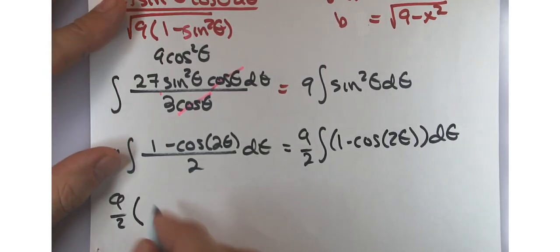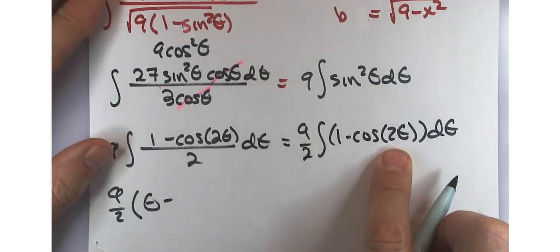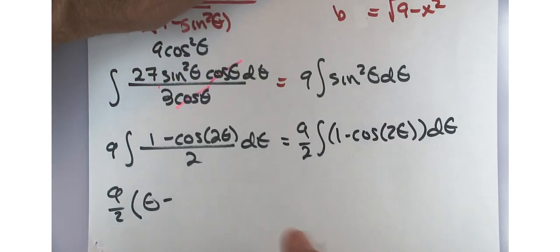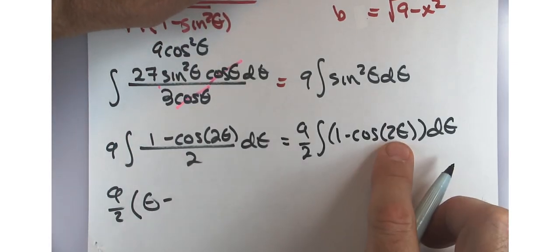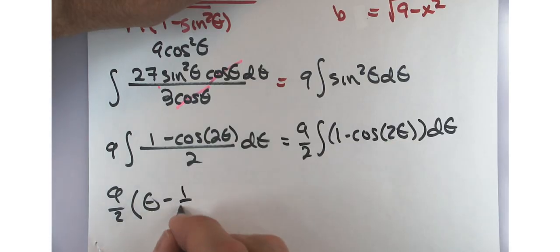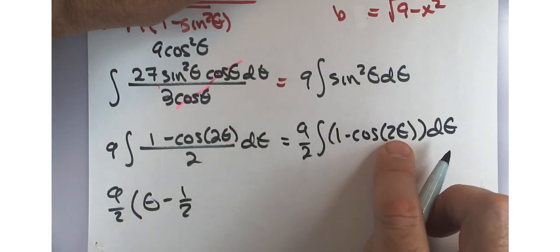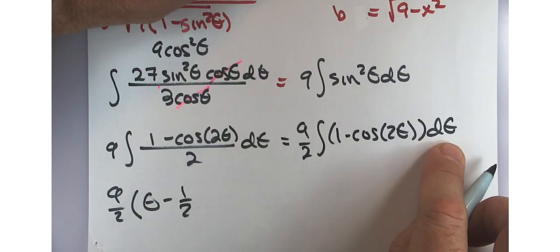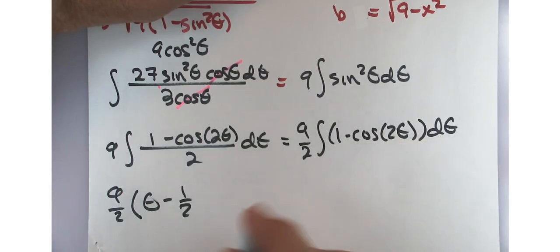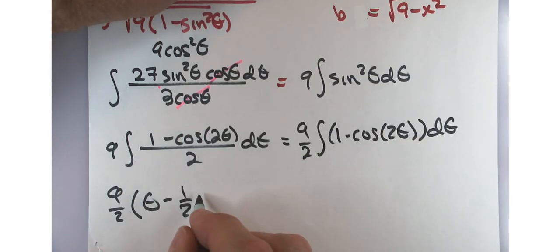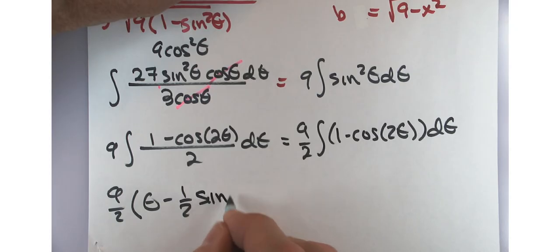That gives 9/2 theta minus, so I don't remember what we're going to get here. 1/2 sine. Yep. Instead of differentiating, which would cause a times by 2, you're going to integrate, which is going to cause a divide by 2, or multiply by 1/2. So 1/2 sine of 2 theta.